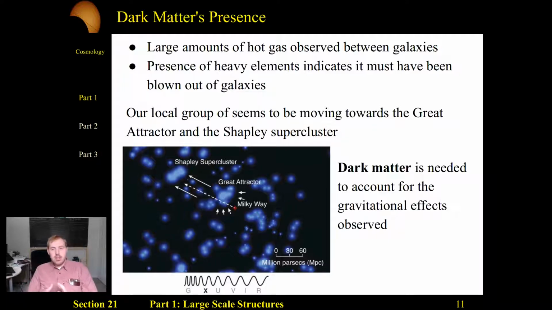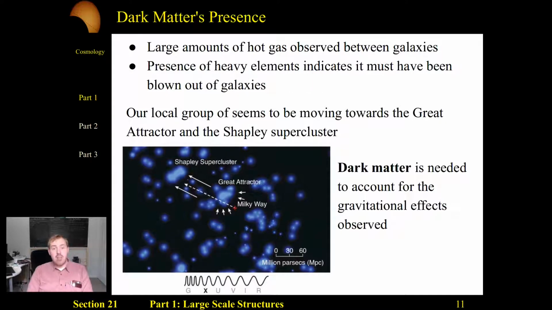So when we see these hot plumes of gas outside of the galaxies, most likely that was something that got ejected out by just some powerful cataclysmic event. Could have been a supernova too. That could do it, right?